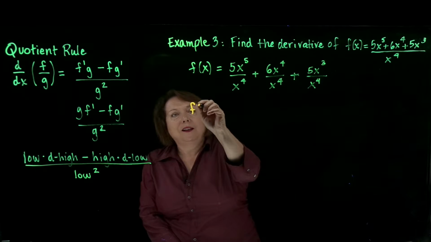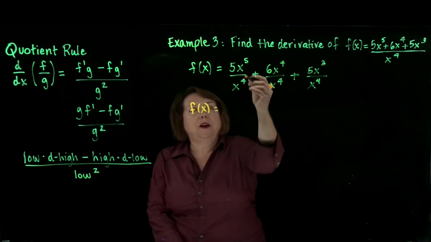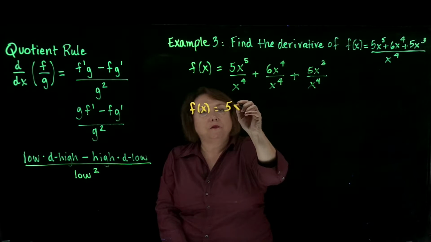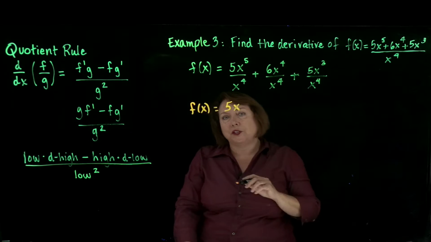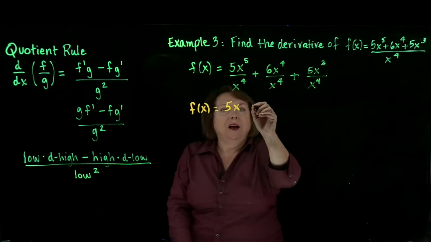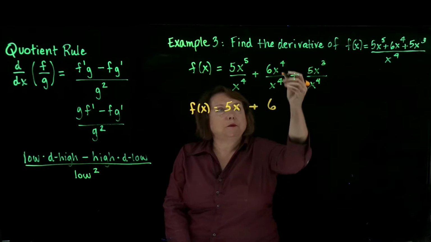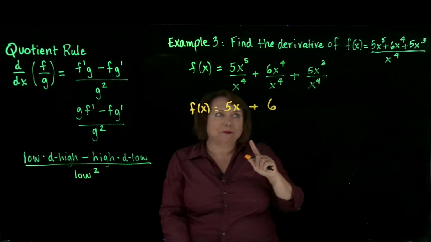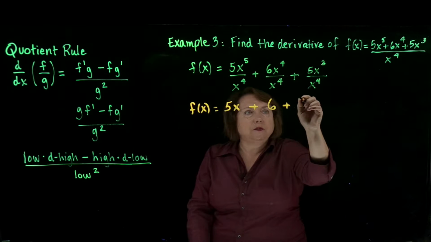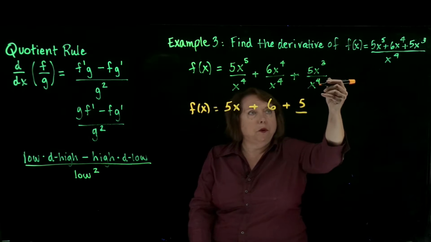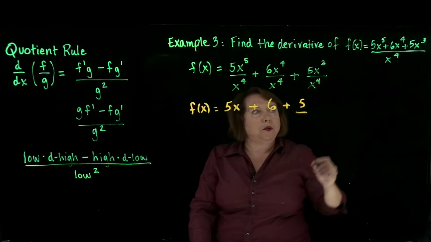So now when I divide out this x to the 4th, I have x to the 5th divided by x to the 4th. That will leave me an x above the division bar, x to the 1st, plus just 6, because x to the 4th divided by x to the 4th is just 1. And then I'll have plus 5, and notice I have x cubed above the division bar, but x to the 4th below it.